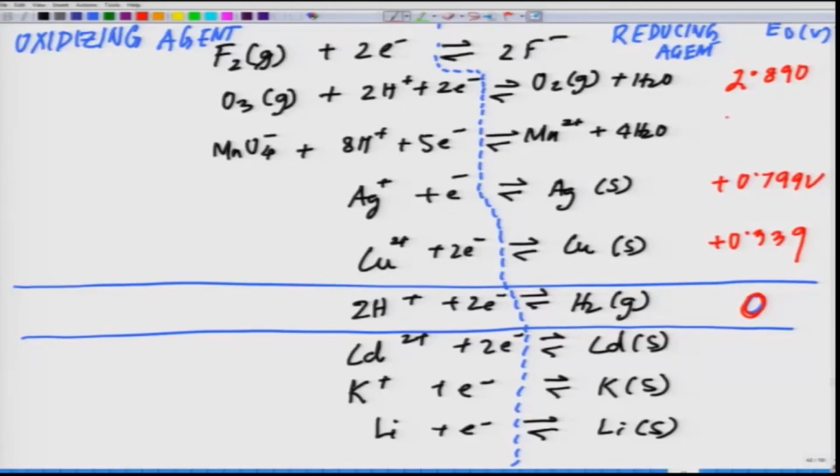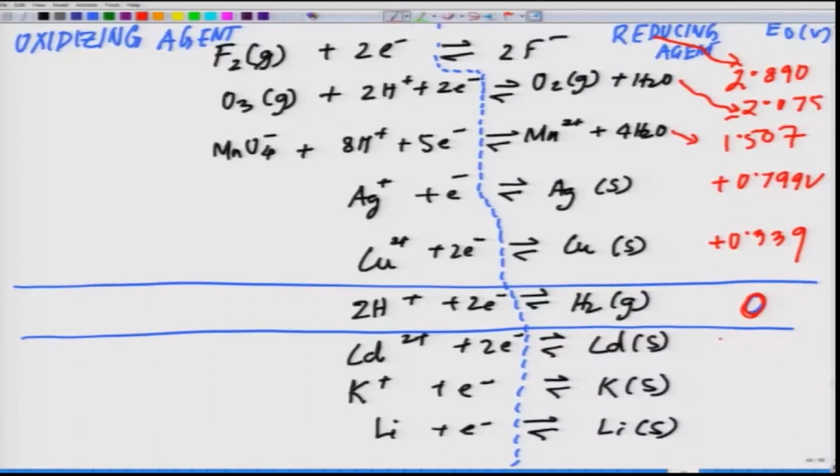Similarly, for oxygen, which is out here, it is 2.075. For manganese, MnO4, it is 1.507.